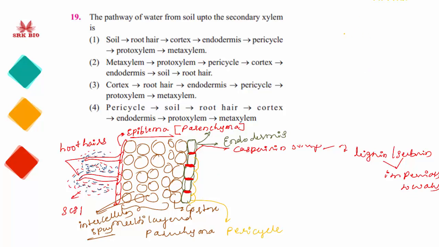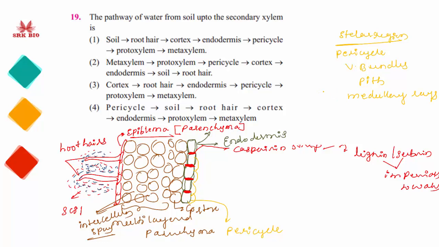Which is called the stellar region? It consists of pericycle, vascular bundles, pith, and medullary rays.